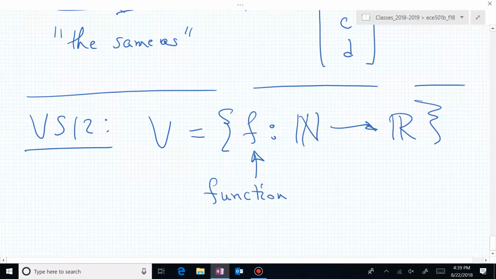What's n with that vertical line in it? Did I define that the last time? No. So now I'm having you speculate, but what do you think that is? Natural numbers. So here we have arguments. That's our argument of these functions. It will be the natural numbers. And the image or the output will be the reals.